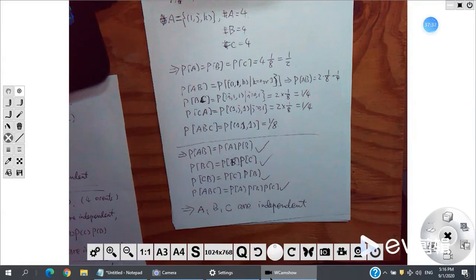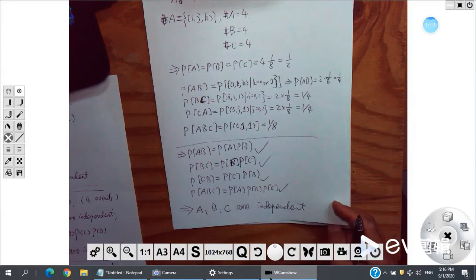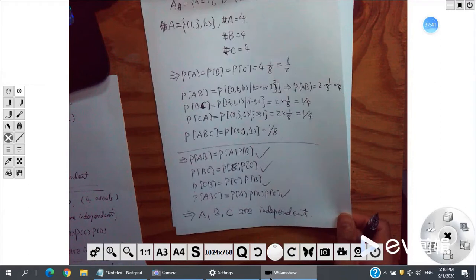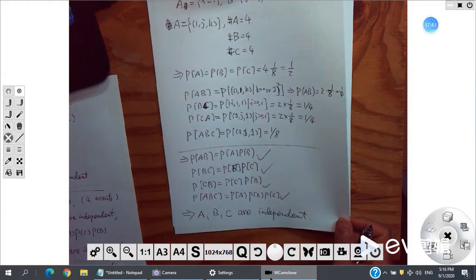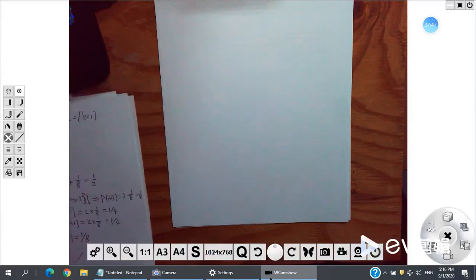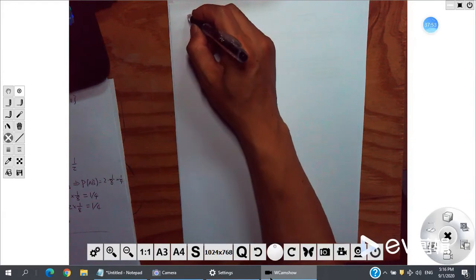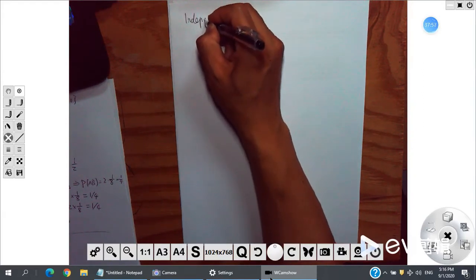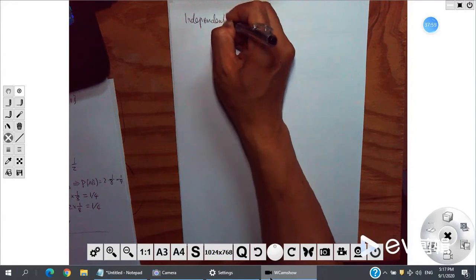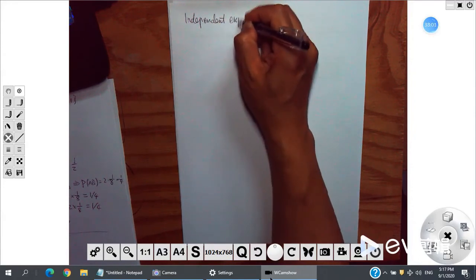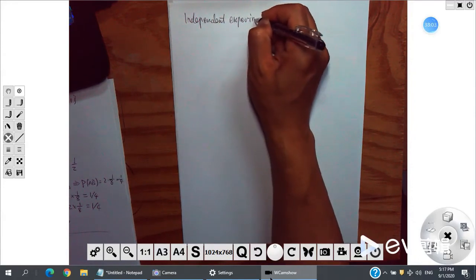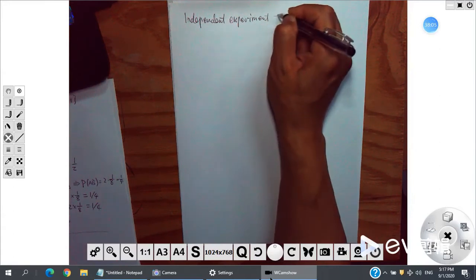Alright, okay, so these are the independence of events, and we have another concept we call independent experiments.